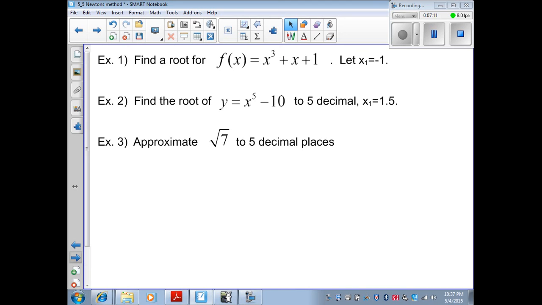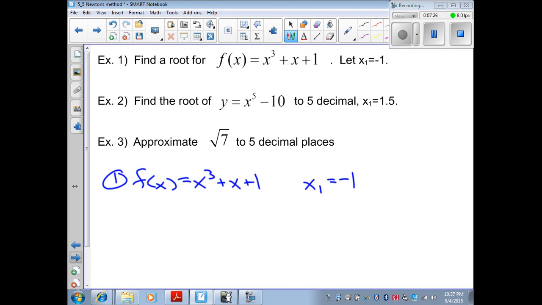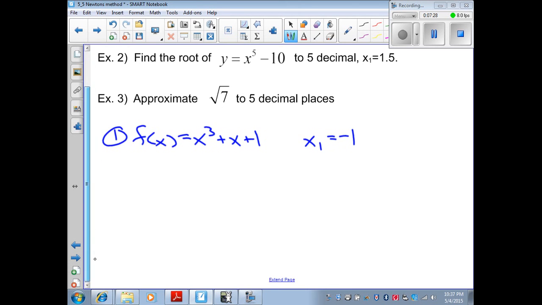Okay. Example 1. Find a root for f of x equals x cubed plus x plus 1, and x1 is negative 1. So here's the formula: xn plus 1 is xn minus f at xn all over f prime of xn.